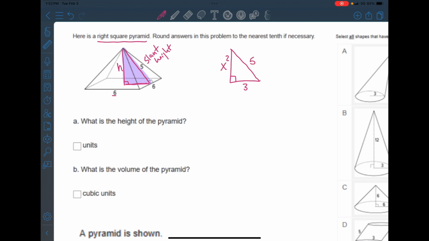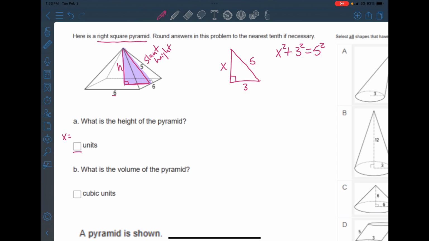You're going to put x, I'm sorry, not x squared, just x there. And you're going to use your Pythagorean theorem to find x. So you're going to solve for x, and that's what this is right here, okay?